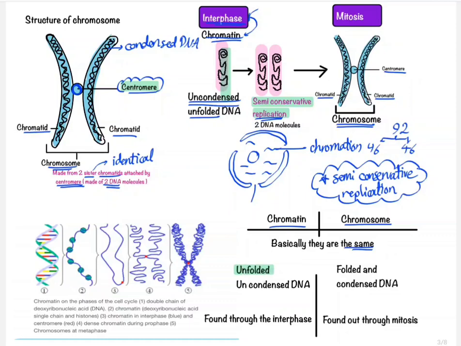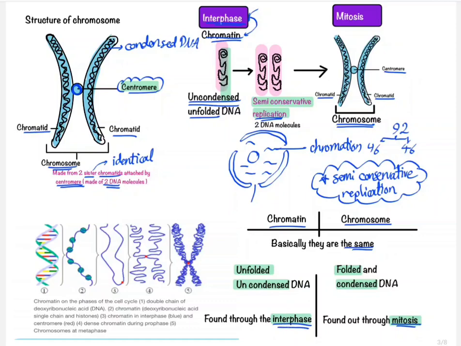So this is unfolded and uncondensed DNA, while the chromosome has folded and condensed DNA. We can find the chromatin structure through the interphase, while we can find the chromosome through mitosis. So this is through mitosis and this is through interphase.